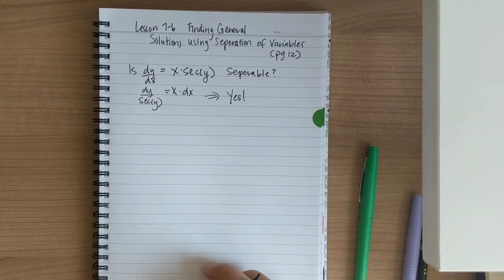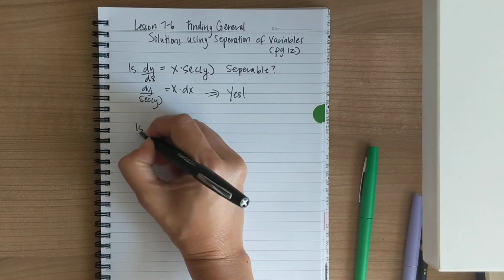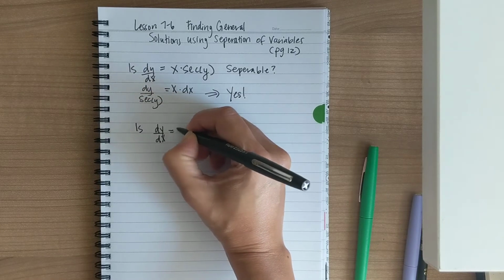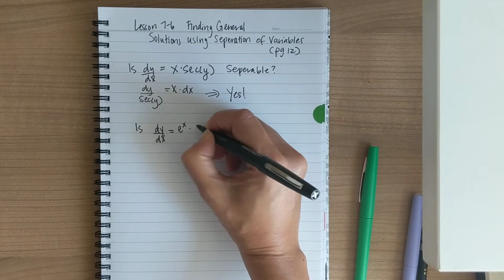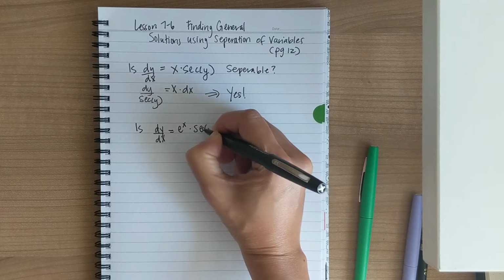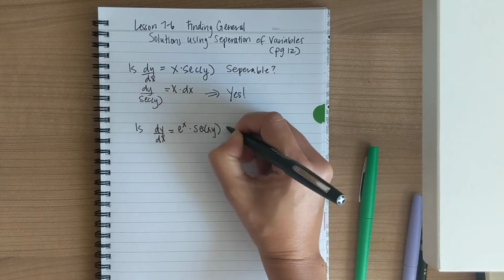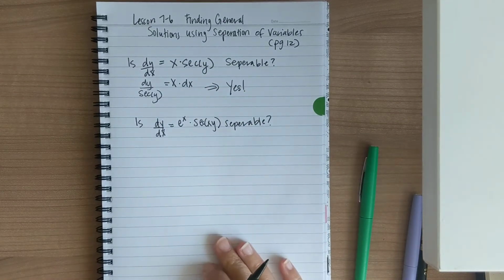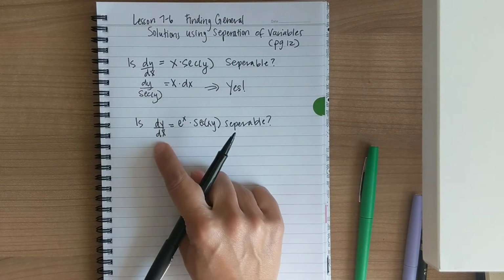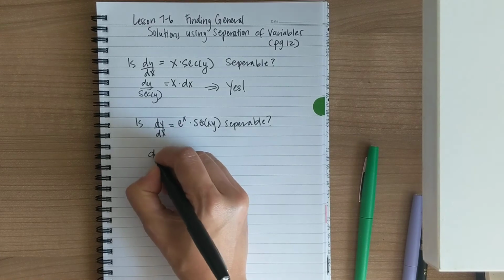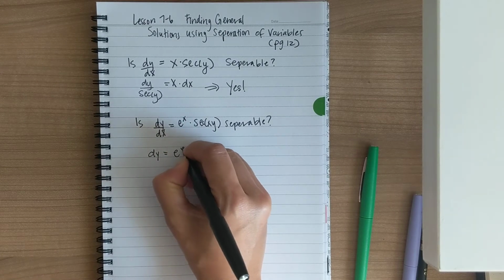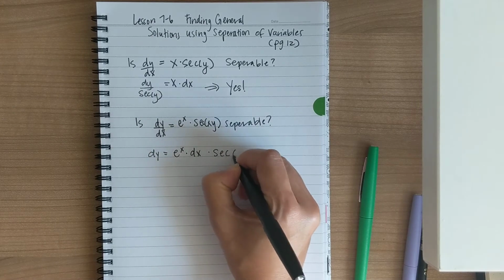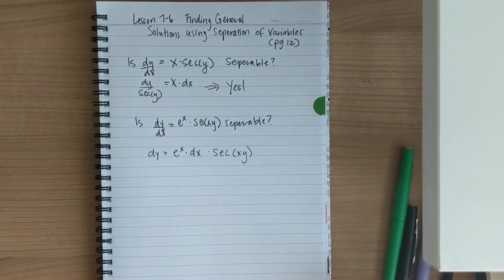Okay, then the next one asks, is dy over dx equals e to the x times secant xy separable? So let's check. I can bring my dx over here, so I'd have dy equals e to the x times dx, but I still have my secant xy over here.